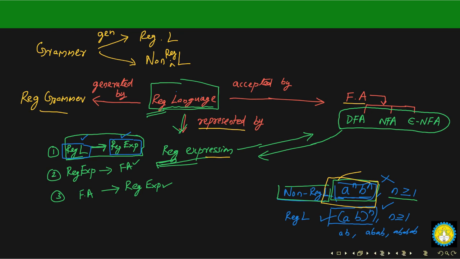Remember, a regular grammar always generates a regular language. And regular grammar is a subdivision of grammar; in general, a grammar can generate both regular languages and non-regular languages. I just wanted to give you an idea of what is a grammar and what is a regular grammar.